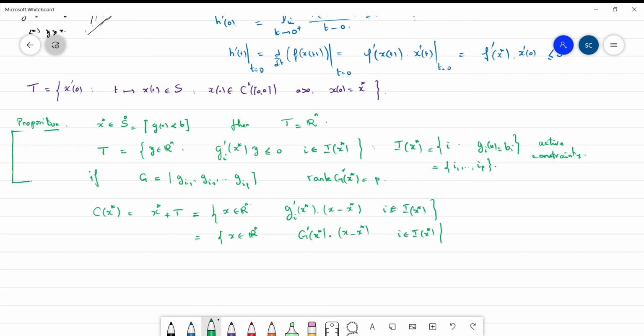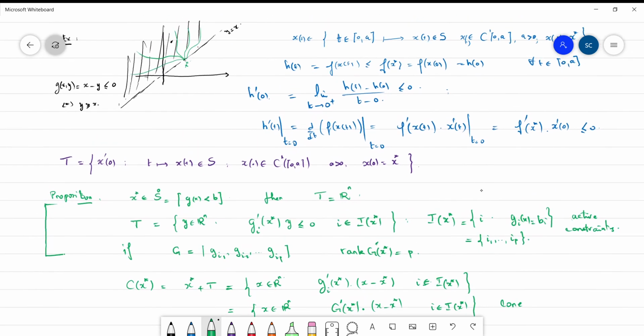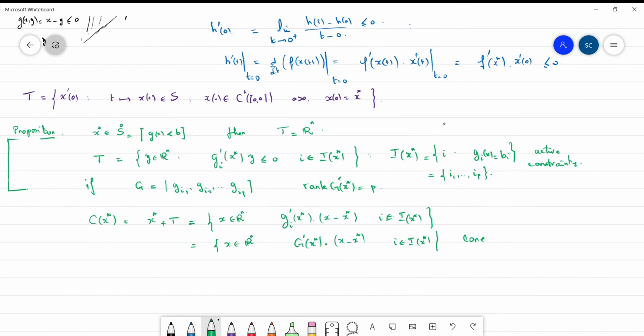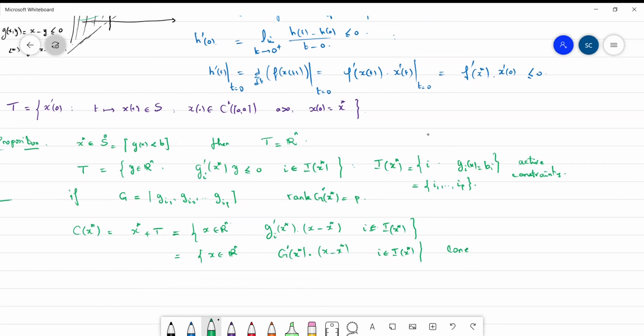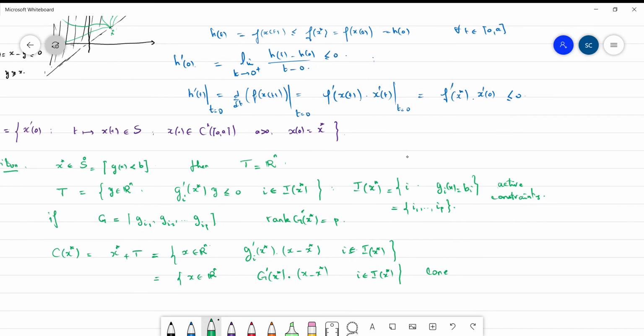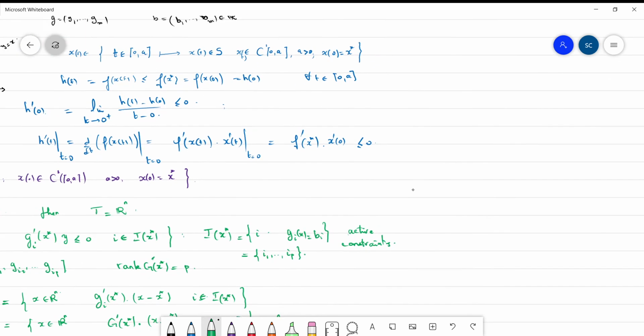This is how we can characterize it, and we call it the cone of feasible directions. This is what we wanted to introduce here. This new tool will facilitate characterizing the candidate point for optimality.